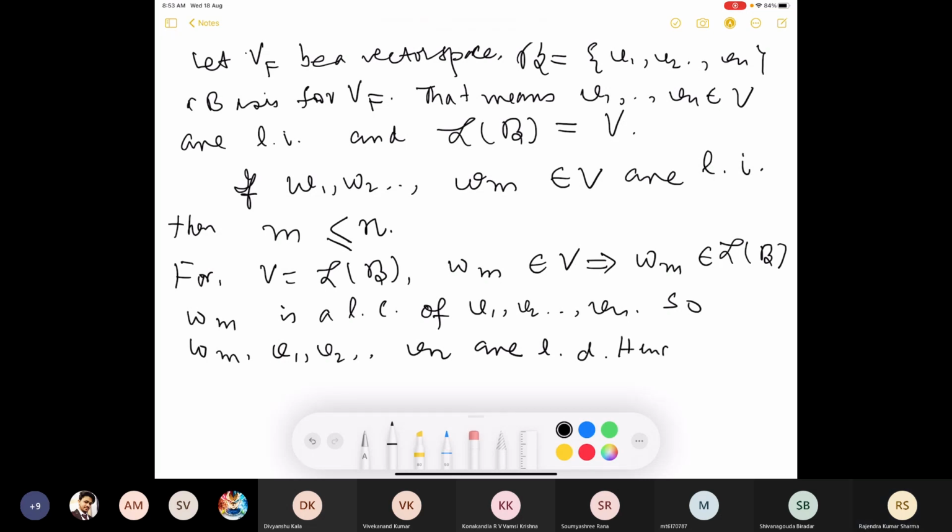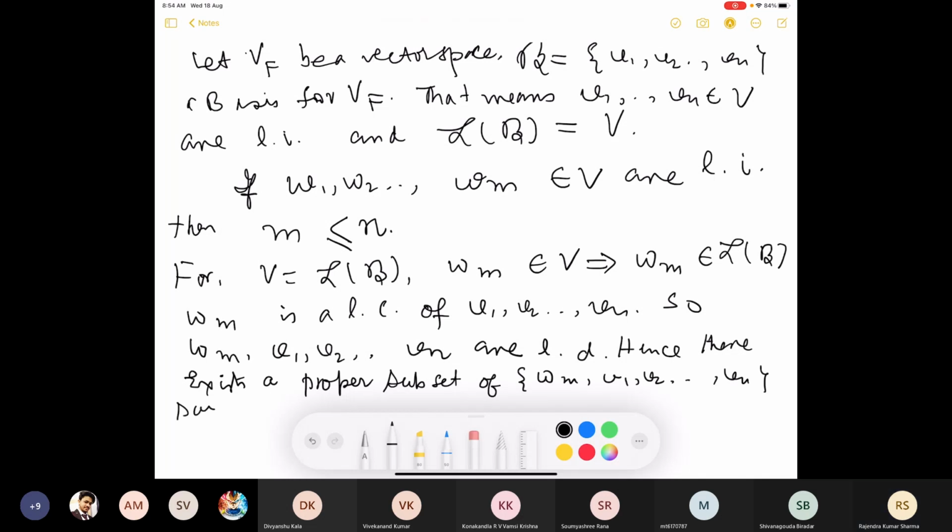Hence there exists a proper subset of these vectors Wm, V1, V2, up to Vn, say Wm and then Vi1, Vi2, up to Vik, where this k is definitely less than or equal to n minus 1. And they still span.